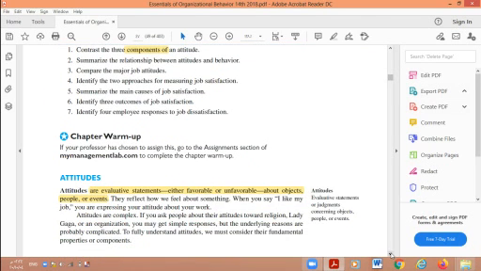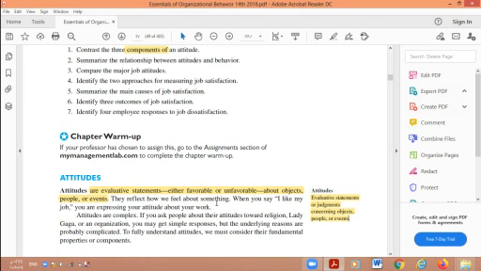Attitudes are evaluative statements or judgments, favorable or unfavorable, toward objects, people, events, or situations. So it reflects how we feel about something.